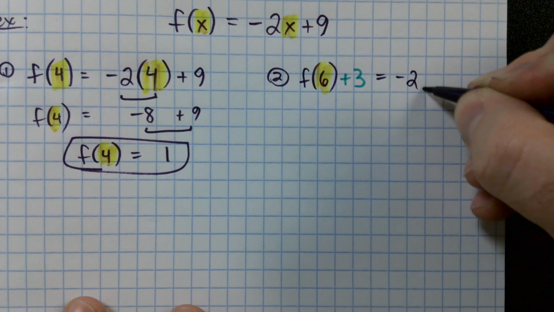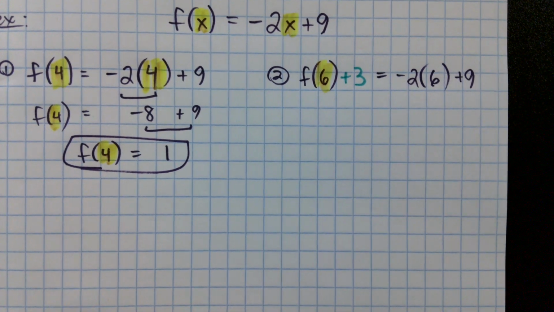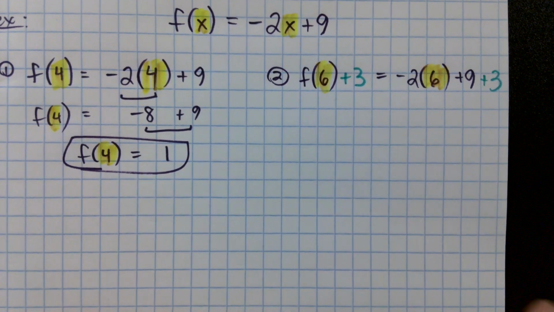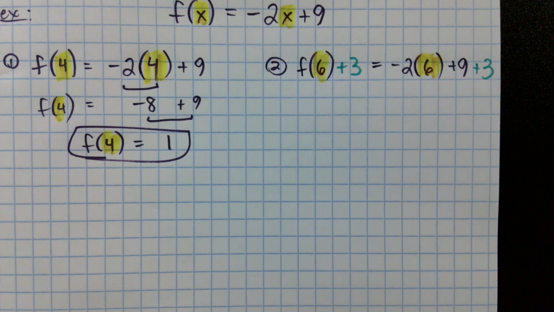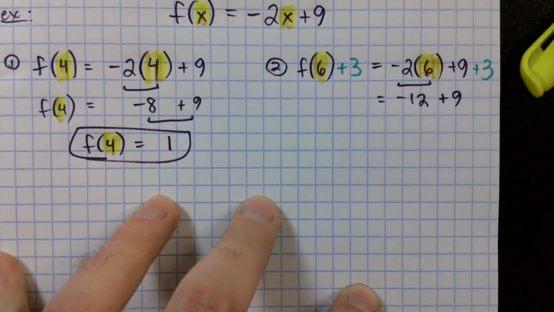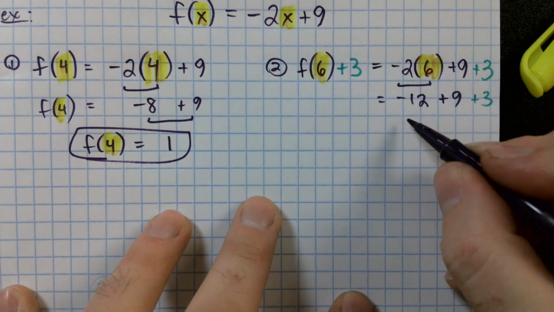So it would look like negative 2 times my input of 6 plus 9 plus 3, so you have that additional piece of information hanging off there. Everybody with me so far? Okay. What is negative 2 times 6? Negative 12. What is negative 12 plus 9 plus 3? 0.